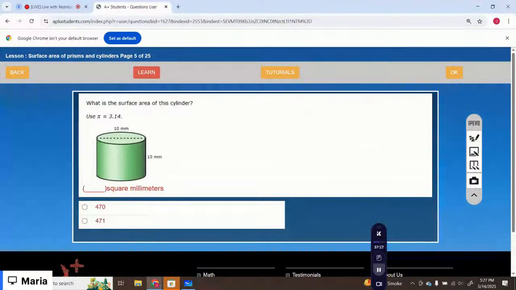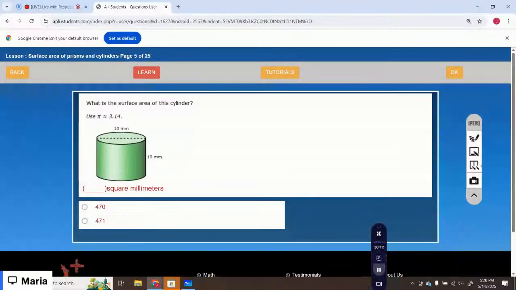What is the surface area of the cylinder? So you need to calculate the surface area of the cylinder.